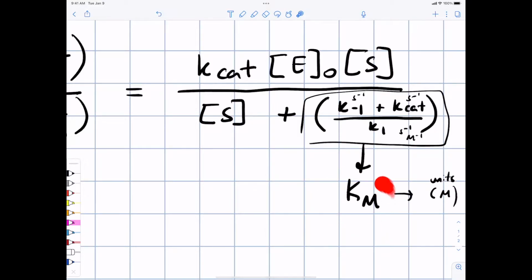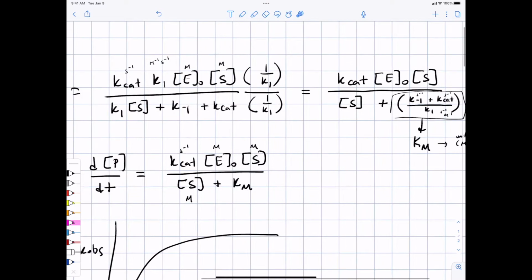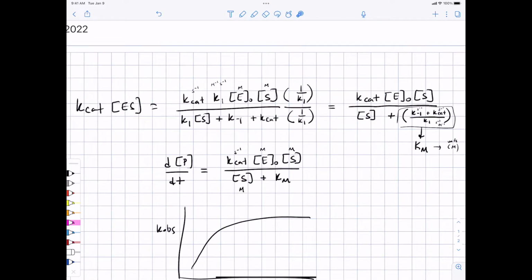We call this the Michaelis-Menten constant. It has units of molar, and we'll talk about its meaning in a little bit. Some people are tempted to interpret it as dissociation between enzyme and substrate. No, that's not actually what it means.